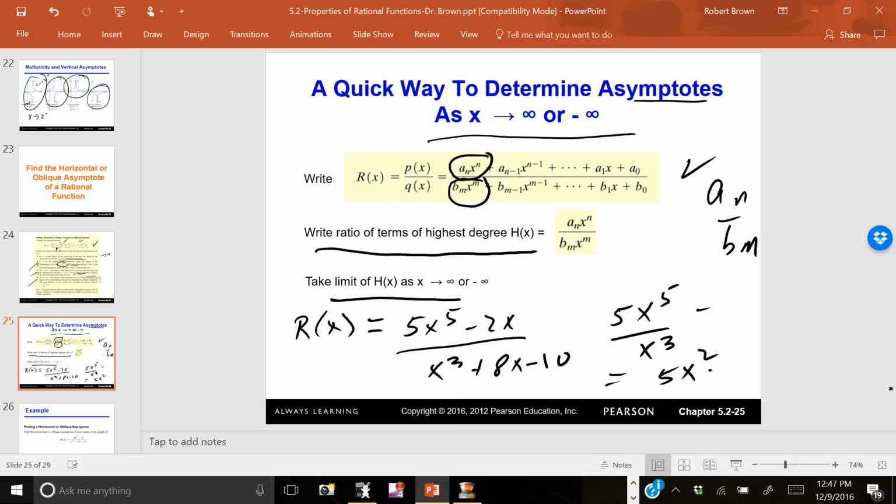So if x goes to infinity, this goes to infinity, so there's no horizontal asymptote.